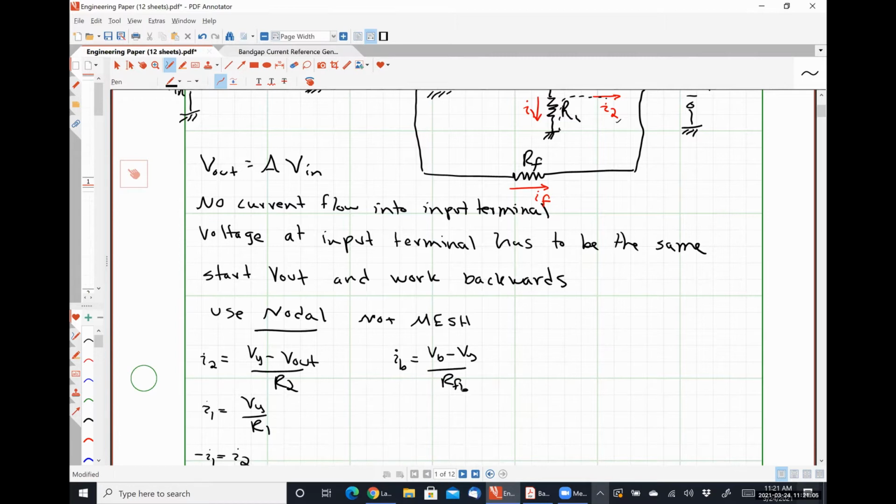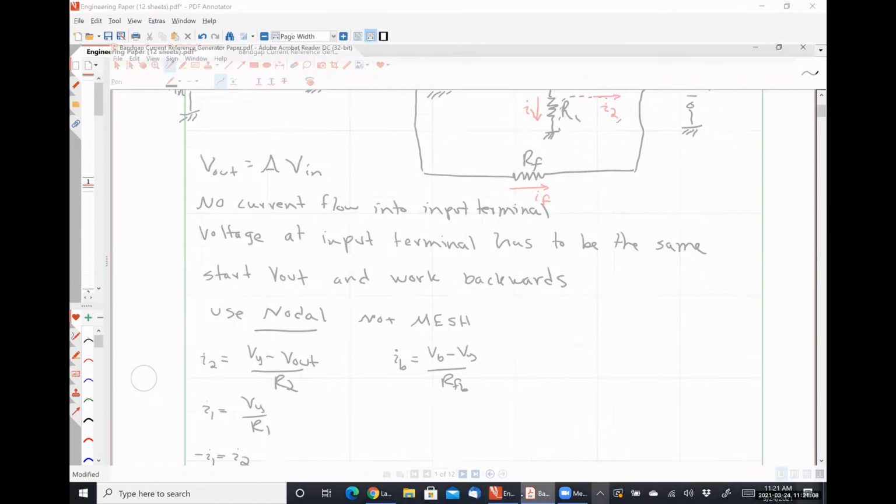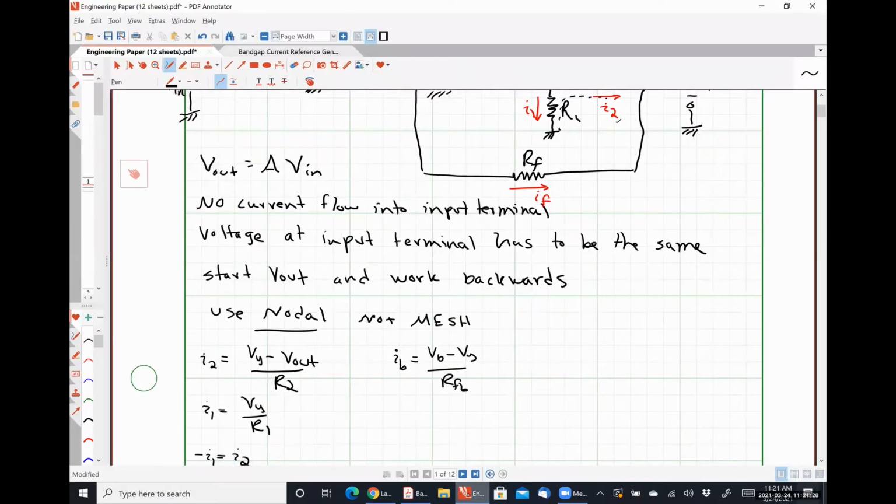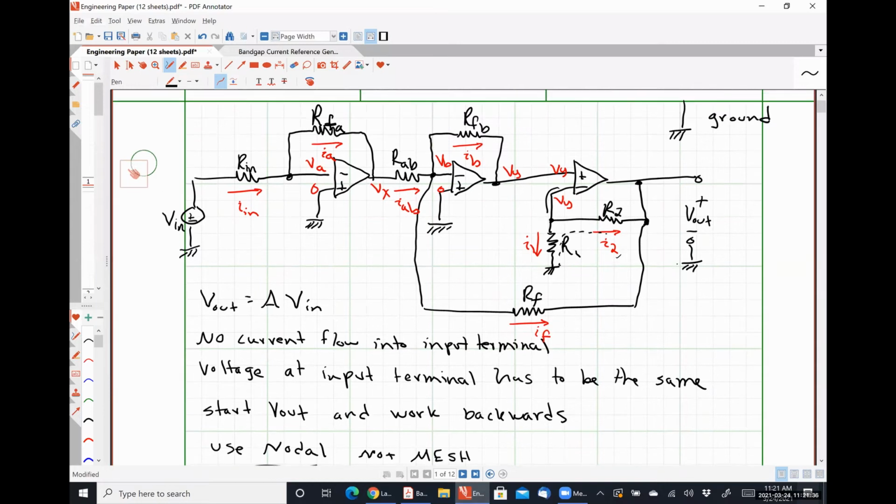All right, so going back up to our circuit, we have this leg right here of our op amp grounded, right?